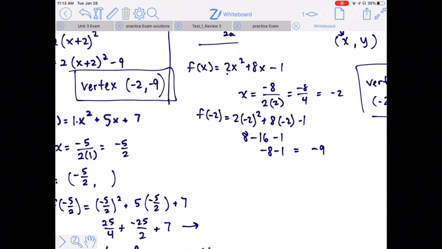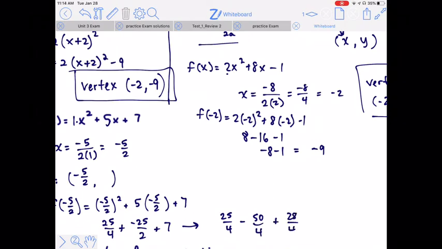There's no reason to have to work with fractions by hand. But if we wanted to get all these to have a common denominator, it'd be 25/4 minus 50/4 plus 28/4. This is just getting all those fractions to have the common denominator.